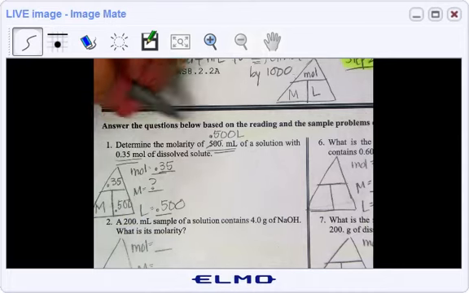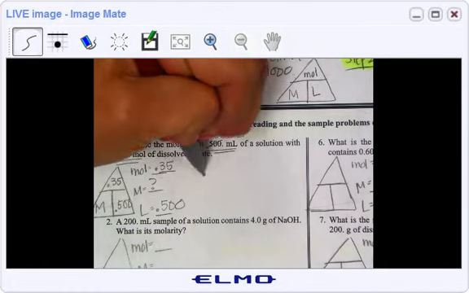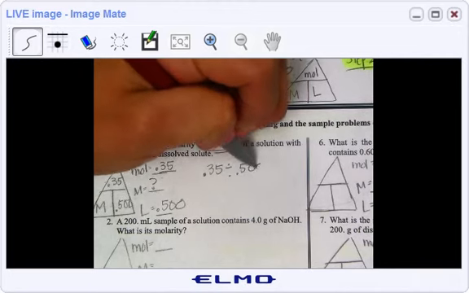Okay, so anything top to bottom, do we multiply or divide? We divide. Okay, so we're going to do 0.35 divided by 0.500.